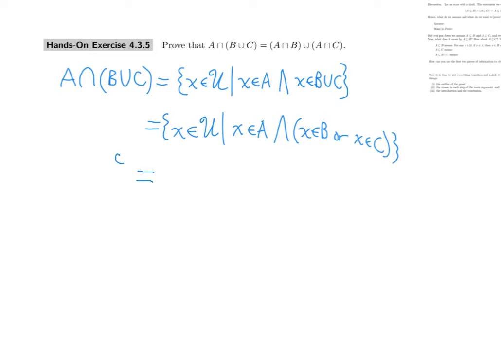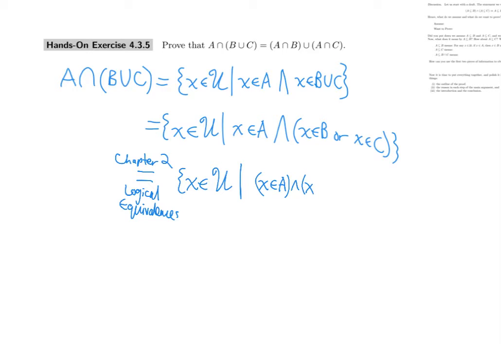So now what we're doing is using chapter 2 logical equivalences to show that this set is actually equal to the set of X in the universal set such that X is in A and X is in B, or X is in A and X is in C. Now, if you look at the other proofs of a similar fact, these logical equivalences that were used get specified.